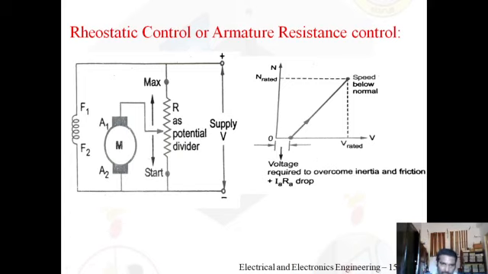When the potential divider resistance was zero, the voltage across the armature was zero, therefore you can assume the speed is zero. As the resistance of the potential divider is increased, the armature voltage slowly increases, and the speed of the motor increases linearly, and it stops when it reaches the rated voltage.